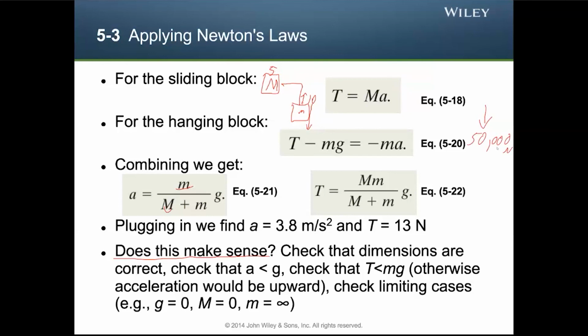So if you say that it's moving downward with a force of 50,000 newtons, you're not familiar with this number, but something should probably tell you that this number is a little crazy. This seems excessively high. If you had to, you could Google how much 50,000 newtons of force is. I don't know, this might be the equivalent of a large payload rocket taking off from the surface of the Earth or something. This is a lot of force, right? So something intuitively should tell you that this doesn't make sense.